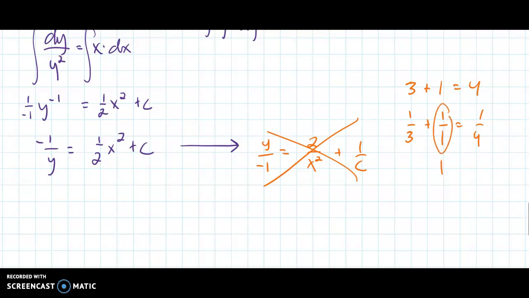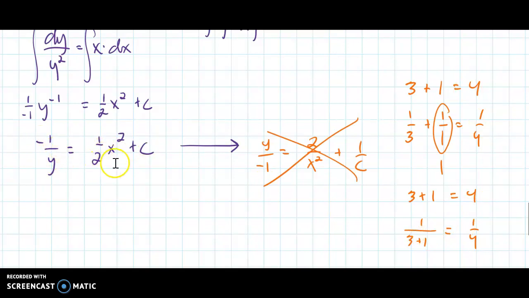And I know that 1 plus 1/3 doesn't give me a fourth. So that should demonstrate to you that I can't just flip individual pieces. What I can do is flip the entirety of it. So if I had 3 plus 1 equals 4, I could flip it, and 1 over 3 plus 1 equals 1 over 4, right? So you should see that that would still give me 1/4 equals 1/4, and that's okay.